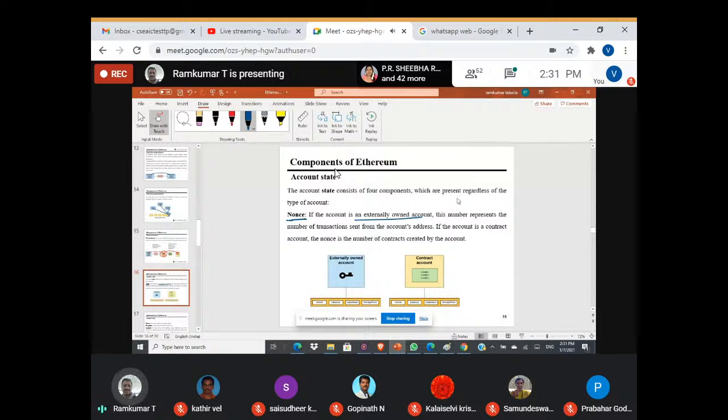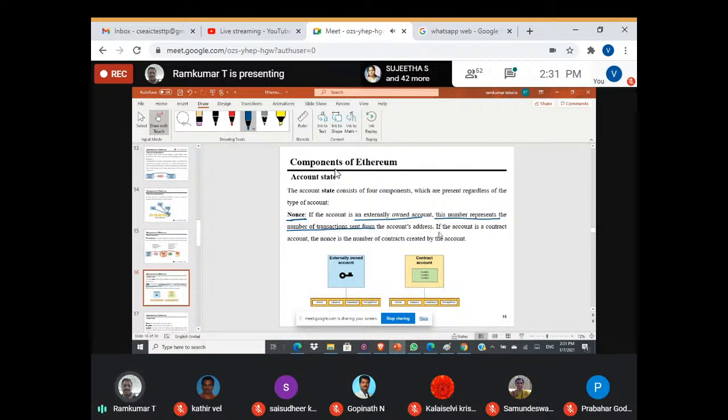For the externally owned account, the number represents the number of transactions sent from the account's address. Suppose I am doing 10 transactions today, then the nonce is 10. That is what we call a nonce.